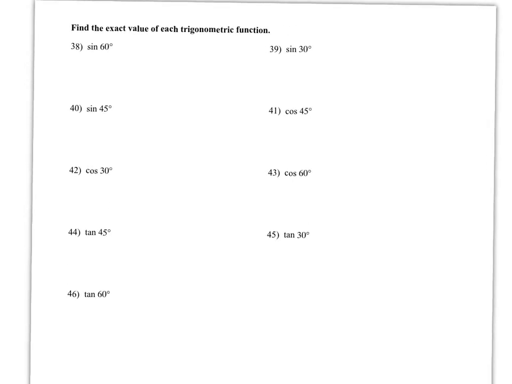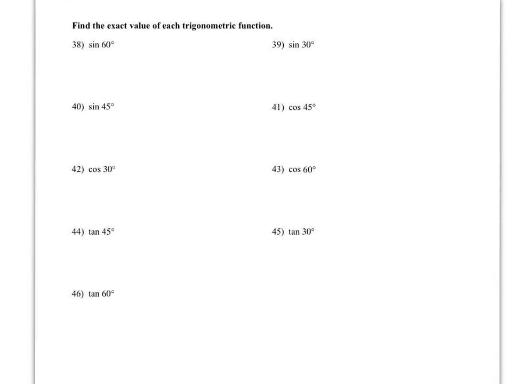Okay, find the exact value of each trig function. These are going for some radicals instead of decimals. You might notice on your reference sheet you have 30, 60, 90, and 45, 45, 90 right triangles. We're going to make use of those. I think that it's in terms of y.